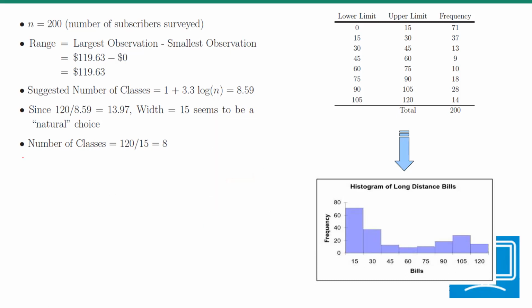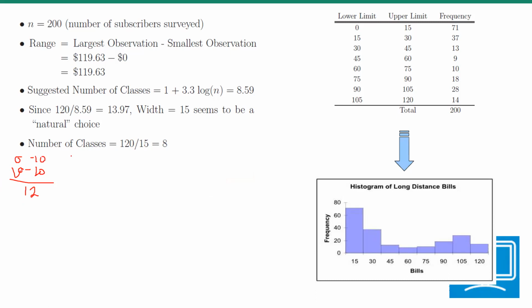If you do that, how many classes or bins will we get from 0 to 120? 120 divided by range 10, so you get around 12 bins.